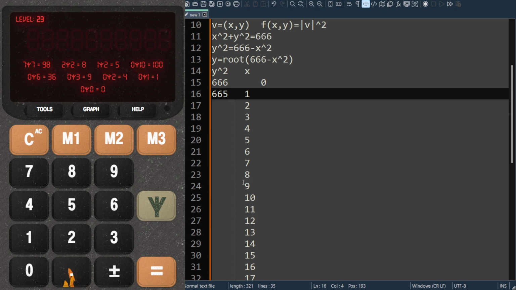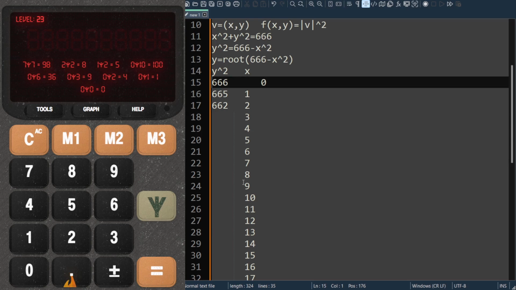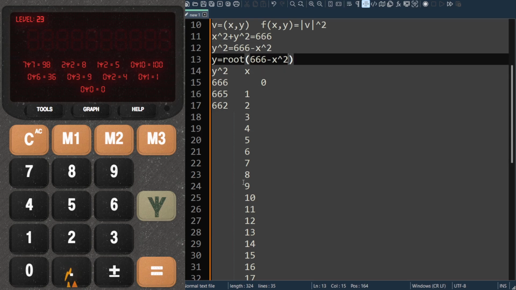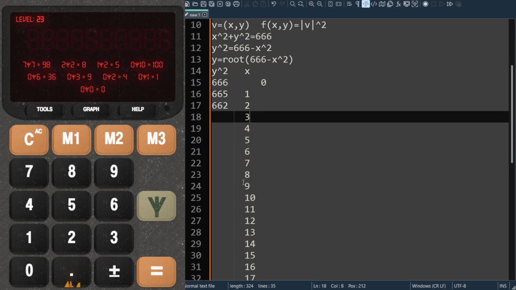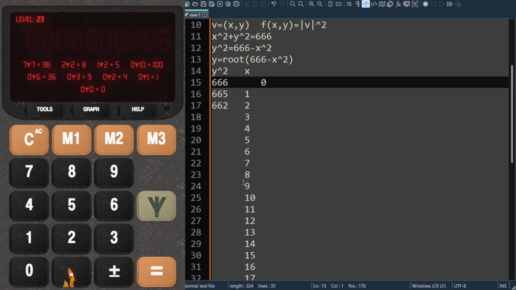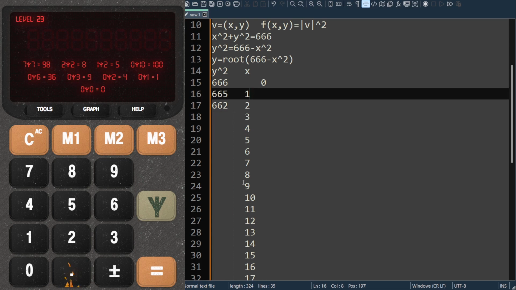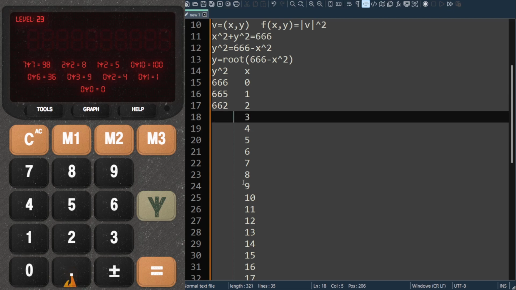Then 3 down is 662. I'm just inputting the x that I have here into the equation and then squaring, because I don't want to look at y, since then I would have to write the root of 666, the root of 665, and so on. It's easier to write it this way. It's not more practical, but it's easier at least.